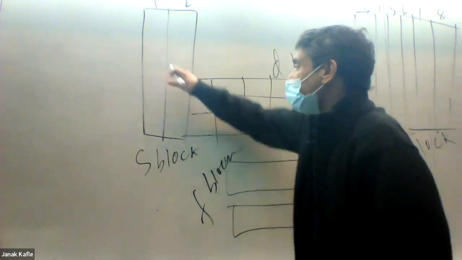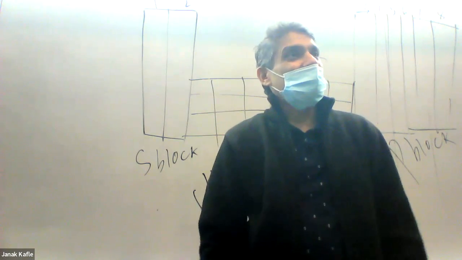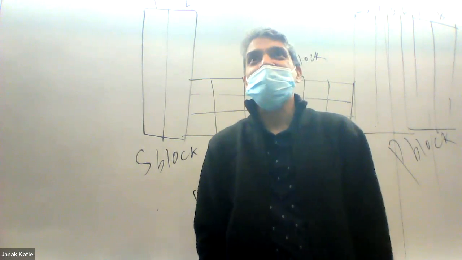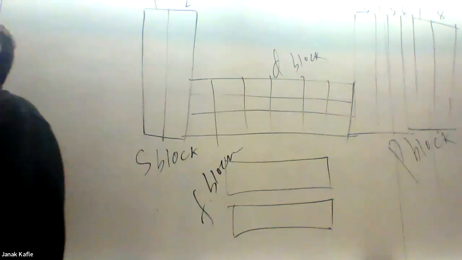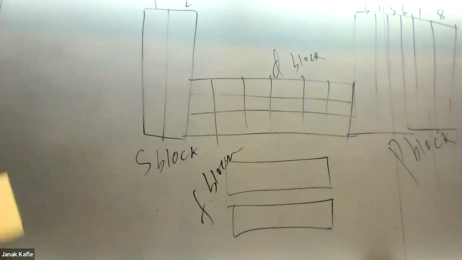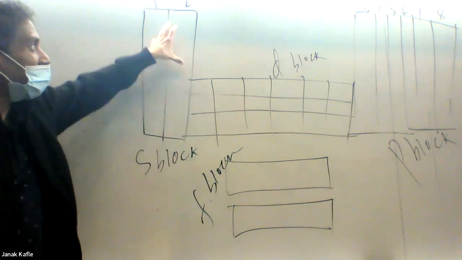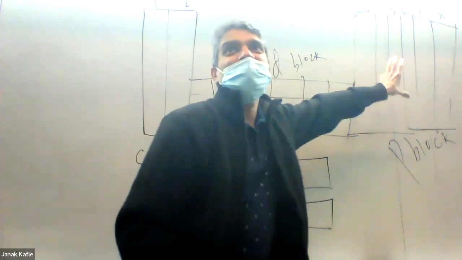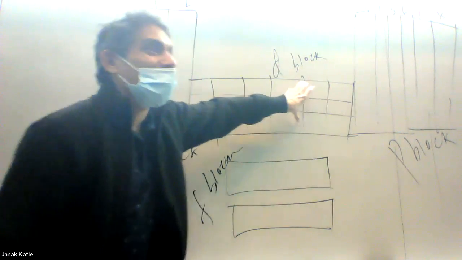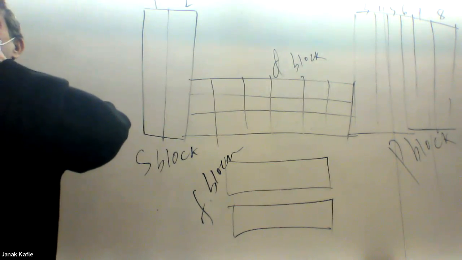So S block elements show similar properties, right? For example, we are in the Phillips Hall here, so most of the students here take the science courses, right? Just like that, the S block. And these D block elements have very similar properties, a little bit different from here, but all these elements have very similar properties. That's how we classify the materials.